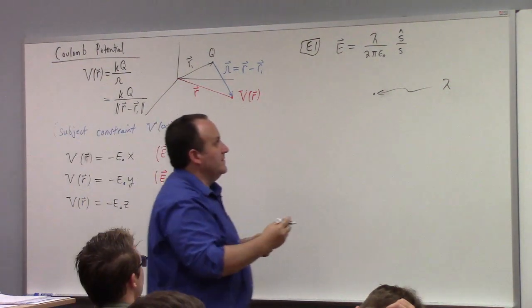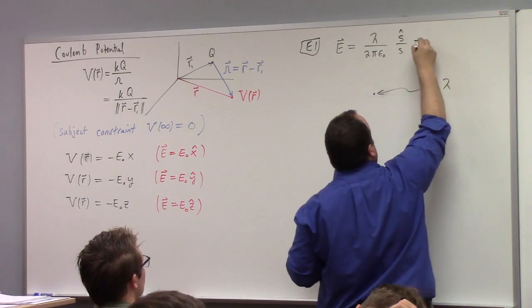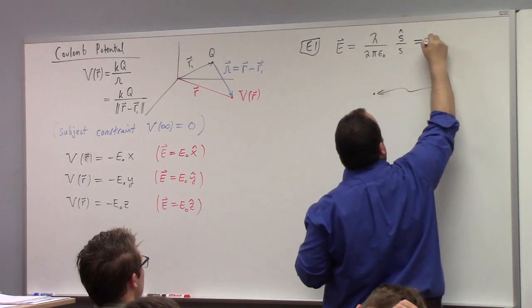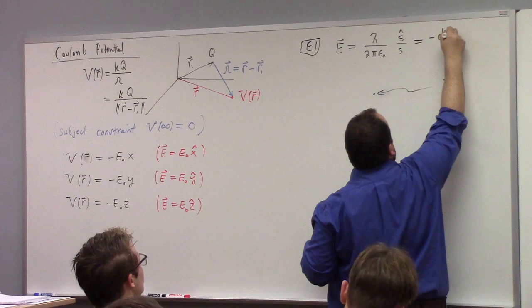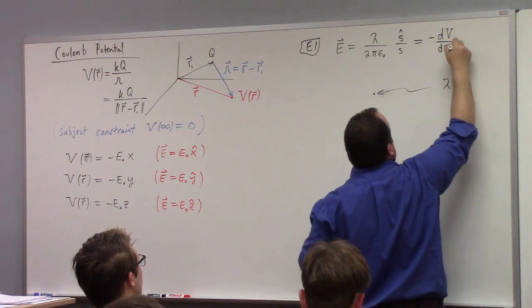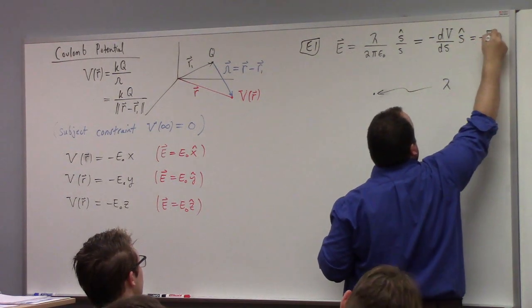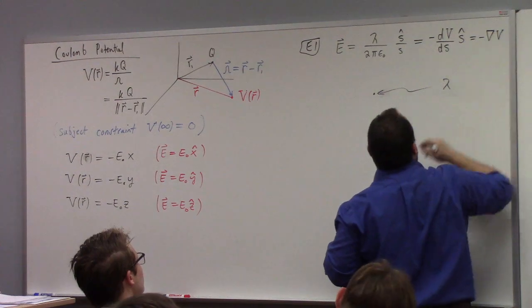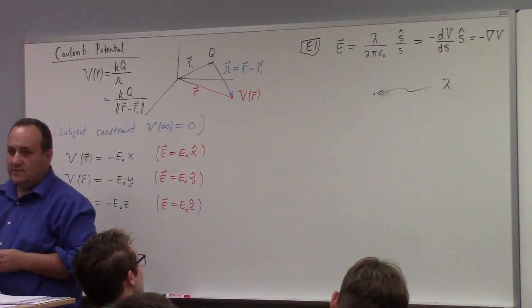So what we're looking for, by symmetry, we can say it should be minus dV ds s hat. So this is minus the gradient of the voltage function, guys, because there can't be any dependence of the voltage except in that radial direction.